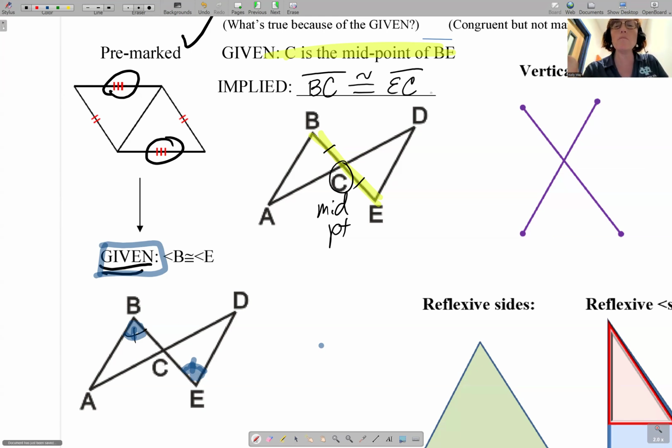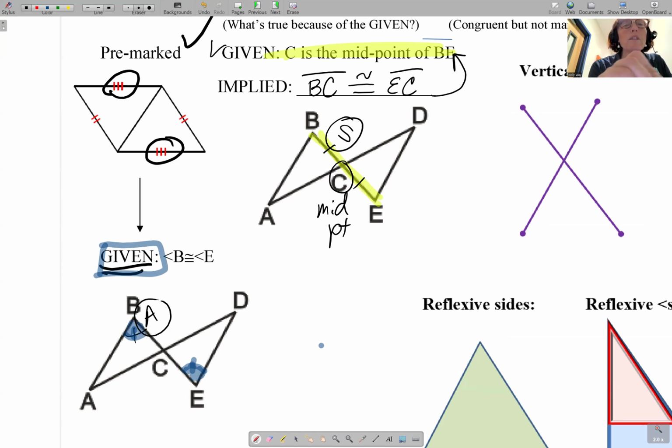It's implied because of that piece of information. And in that case, you would say side. Here you say angles.